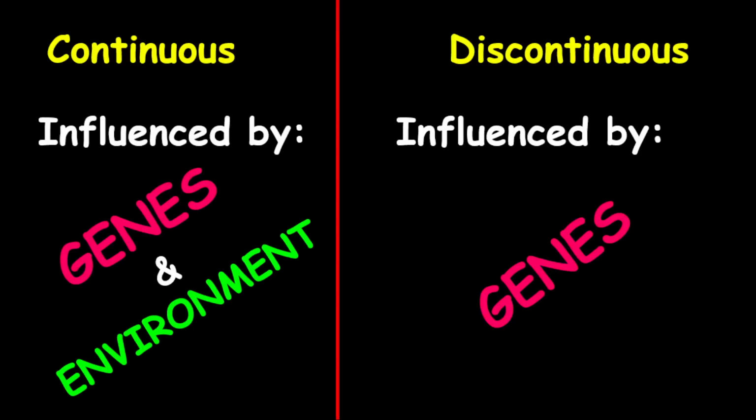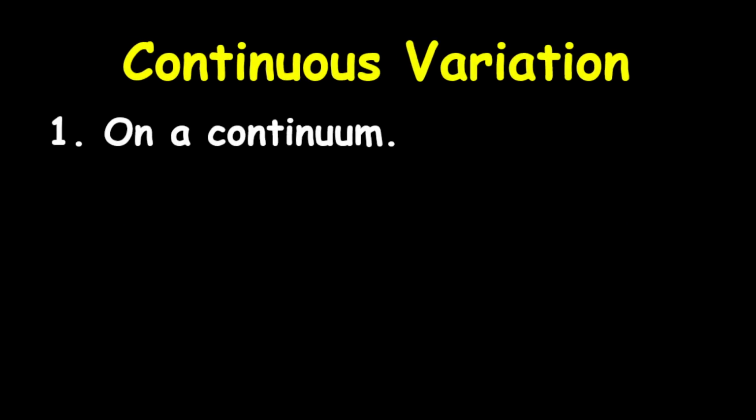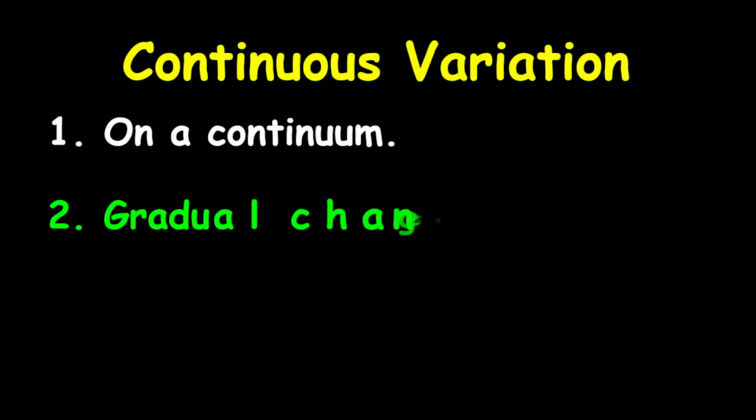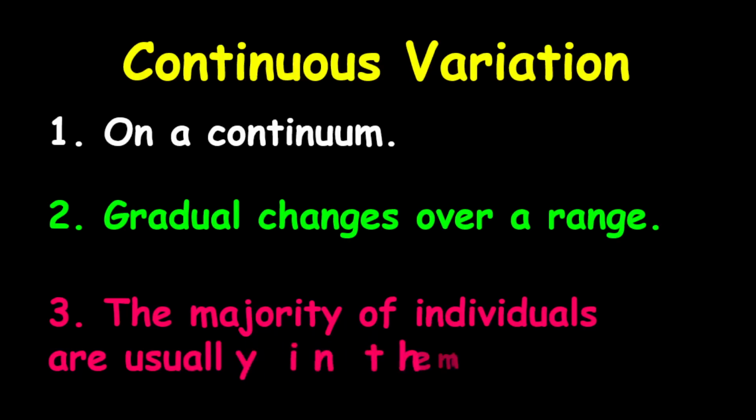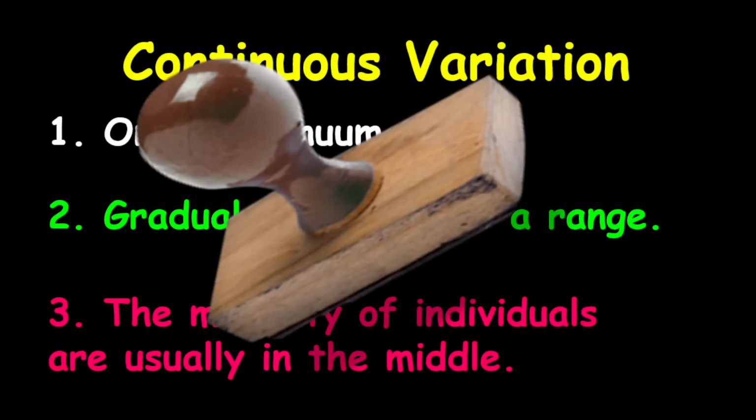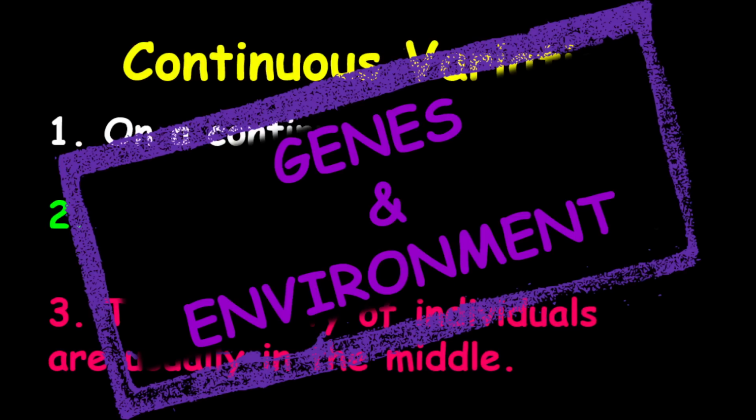All right? And so by the examples you will see. Now, for continuous variation, it's on a continuum. It's a gradual change over a range. The majority of individuals are usually in the middle, so you have an average weight, for example, or average height. Most people fall into that. Again, just to make a note, continuous variation is affected by genes and also influenced by the environment.